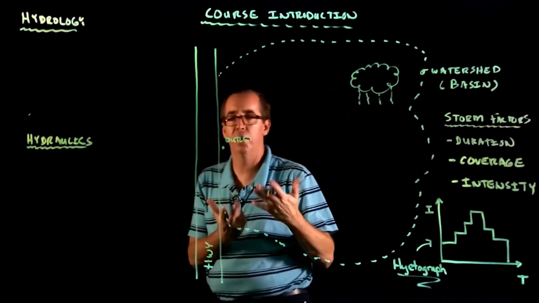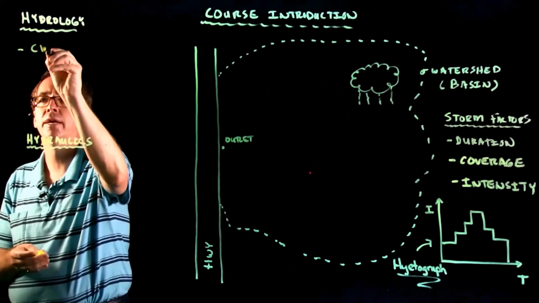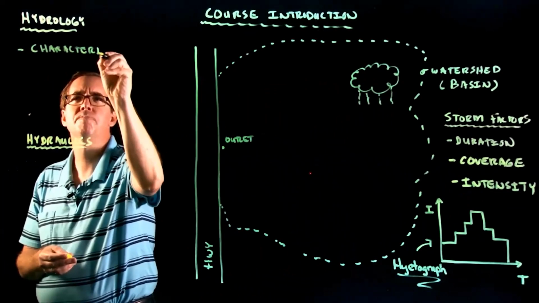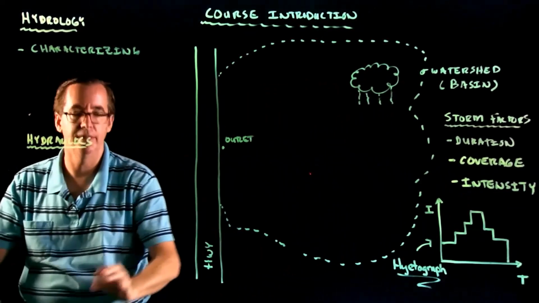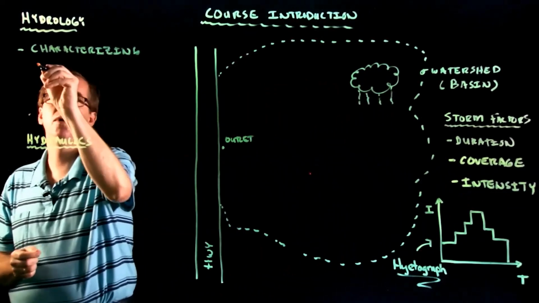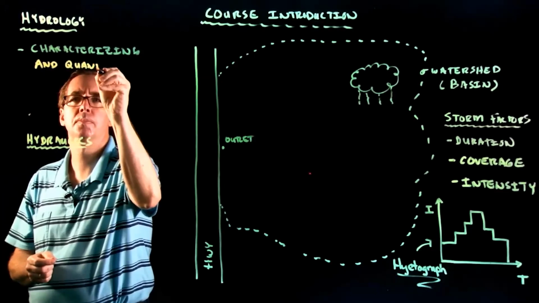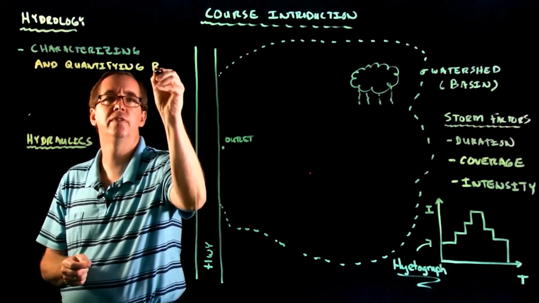So that takes us through the first part of the course. So in hydrology, a good portion of the course is focused on either characterizing or quantifying rainfall. Okay, and I'm just going to say precip.